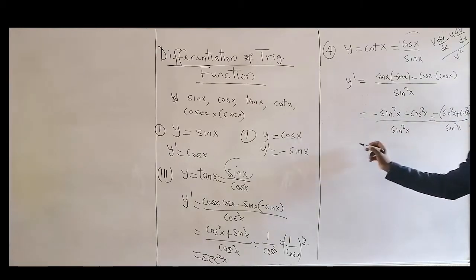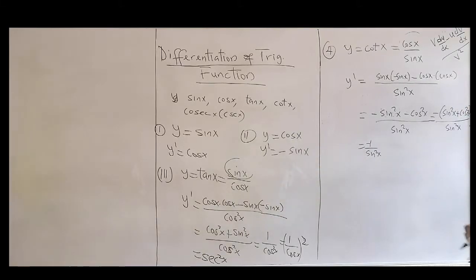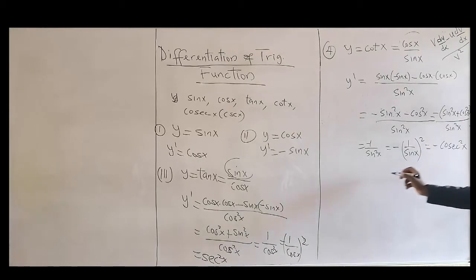And that's minus 1 over sine square x, which is equal to minus the bracket of 1 over sine x squared. 1 over sine is cosec, so that will be minus cosec square x. So the derivative of cot is minus cosec square x.